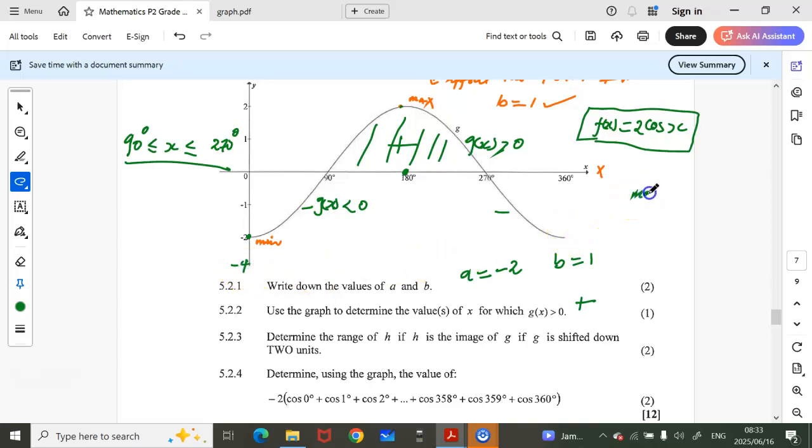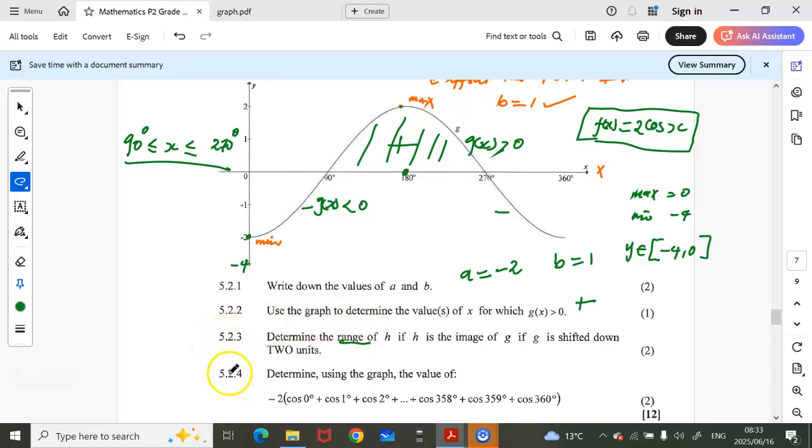So we consider these to write down the range, which will now be y is an element of [-4, 0]. That will be our range for the new graph, from the minimum turning point to the maximum turning point.